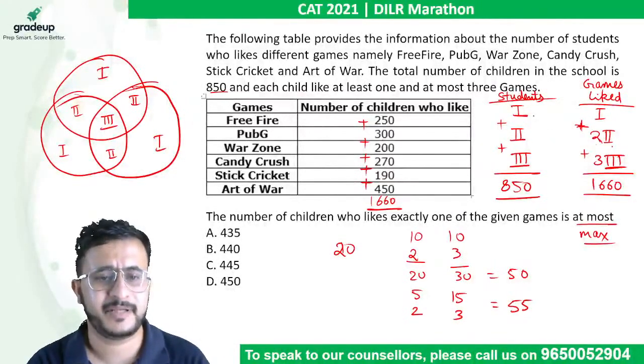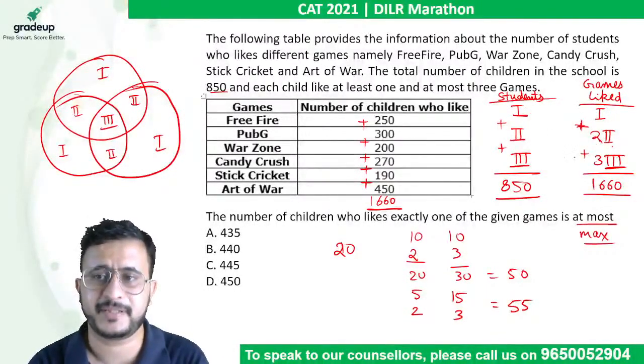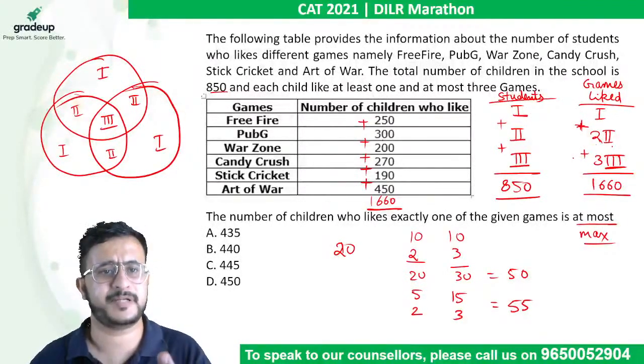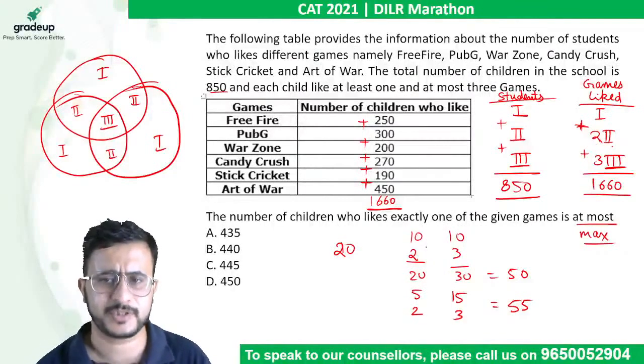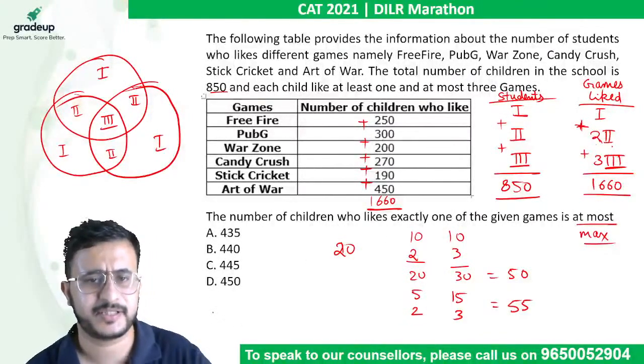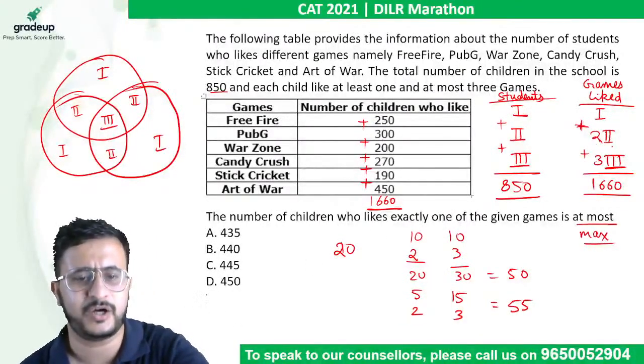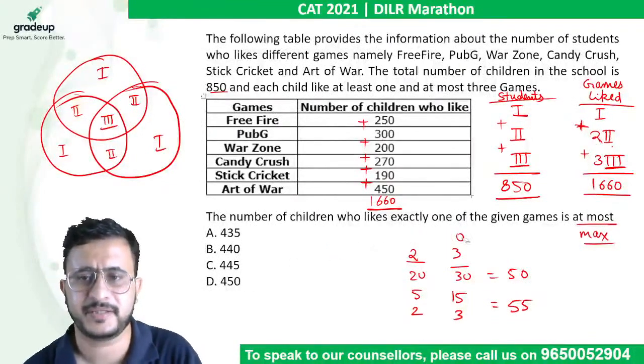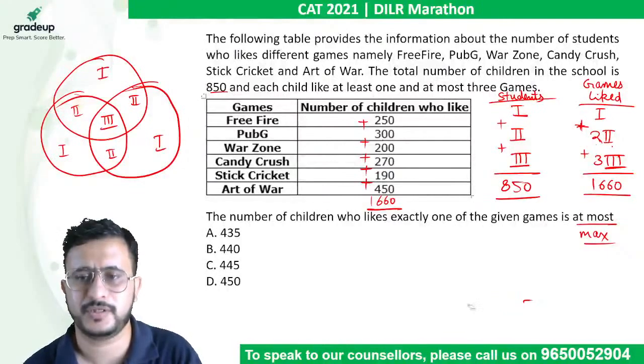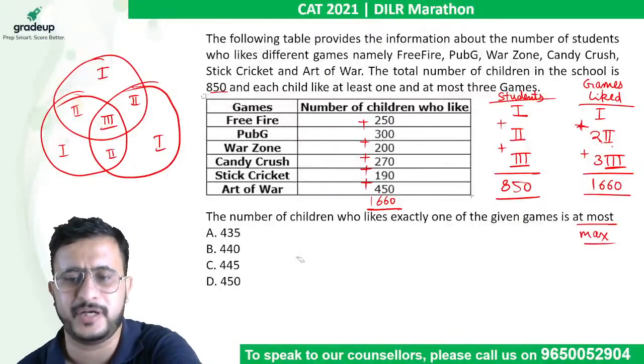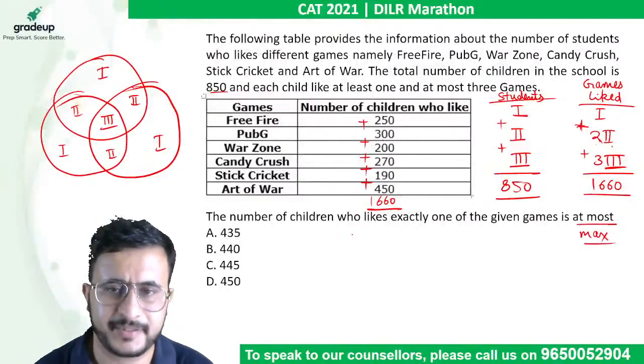So that the number of games will become very high, right? Let's take some small examples so that you will understand why that happens, right?